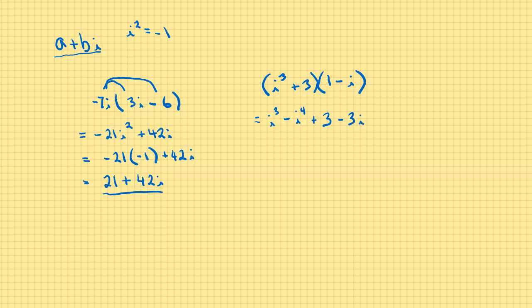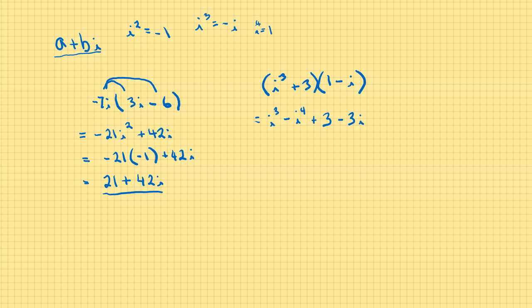And we have some simplifying to do. Here we have i to the third, and we have i to the fourth. And if you remember, i to the third, and this is something you should commit to memory, i to the third is -i. And you should also remember that i to the fourth power is always equal to 1.